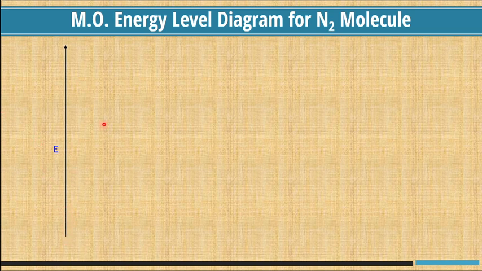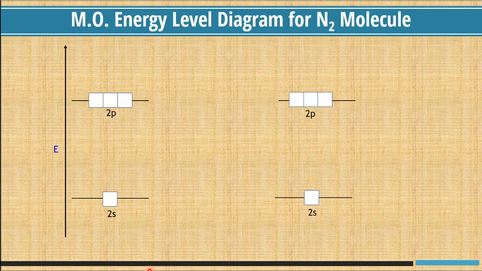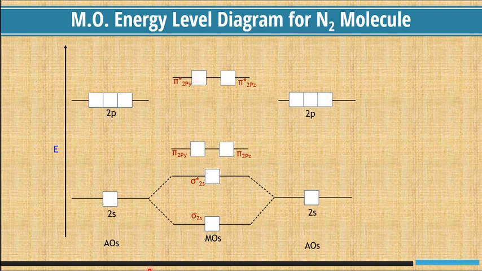Let us consider the molecular orbital energy level diagram for the N2 molecule. This is the energy axis. This is the 2s and 2p atomic orbitals of nitrogen 1. These are the 2s and 2p atomic orbitals of nitrogen 2. The combination of 2s orbitals gives rise to the sigma 2s bonding molecular orbital and the sigma star 2s antibonding molecular orbital.